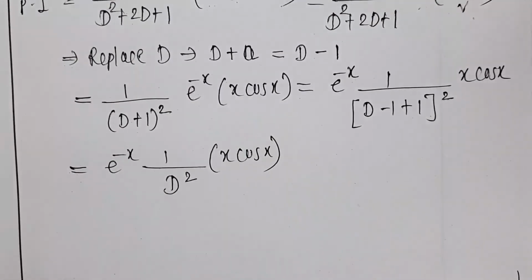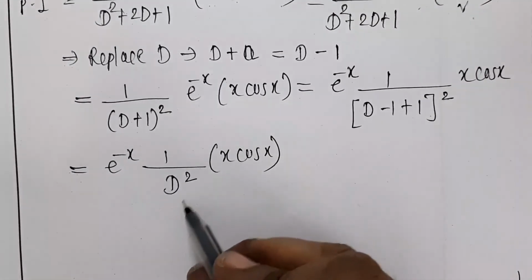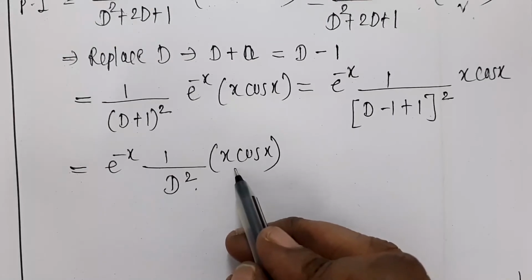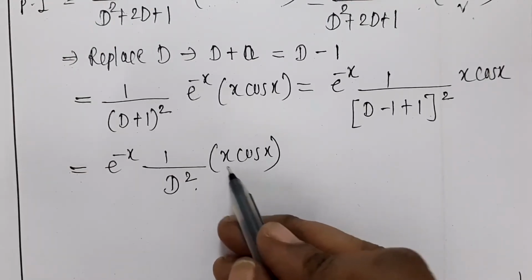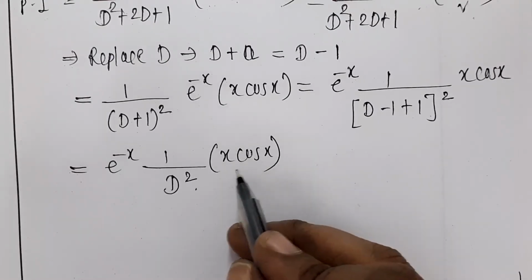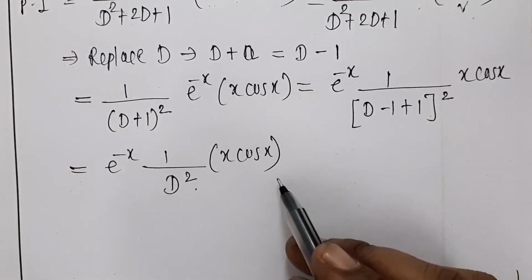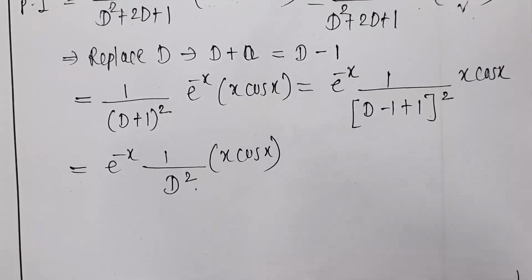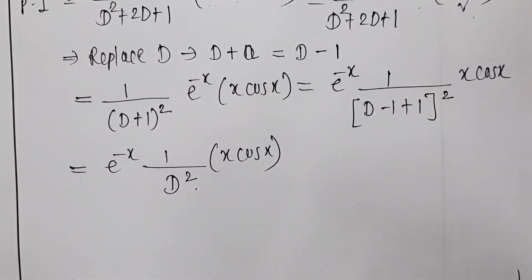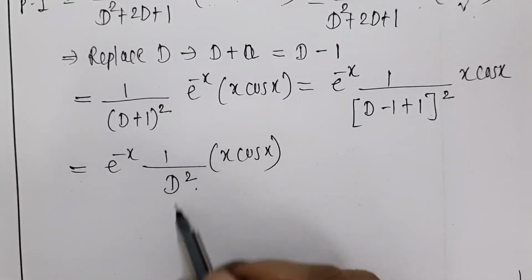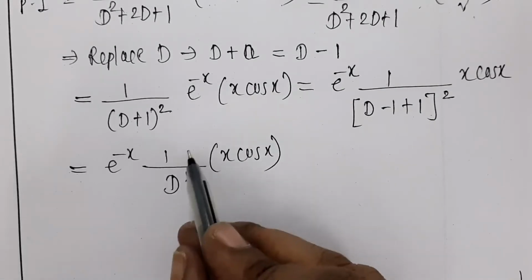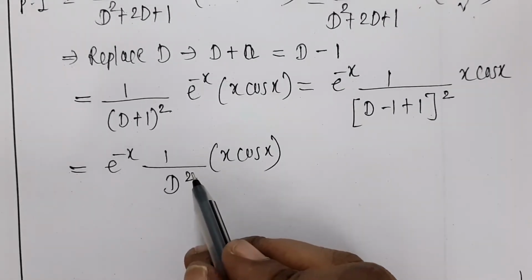Now this problem becomes easy because the remaining is only 1 by D square. Otherwise we can use case number 6, x into v. So x into v is x minus phi dash of D divided by phi of D, into 1 upon phi of D multiplied by the given function. So instead of that, directly we can find out the integration here. But here we want to find the integration 2 times.